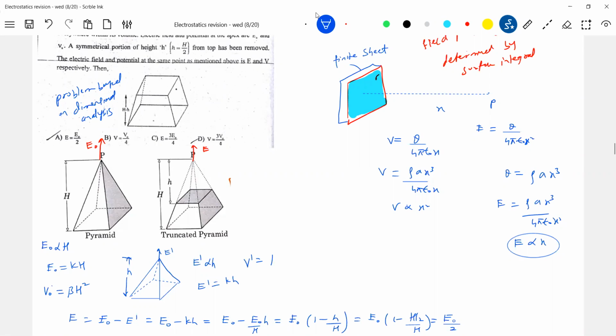Then V dash should be equal to beta H square. Then the net potential V should be equal to V naught minus V dash. V dash is beta H square, where beta is V naught by H square.